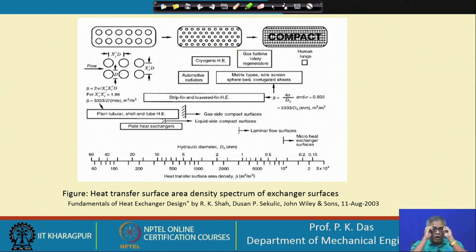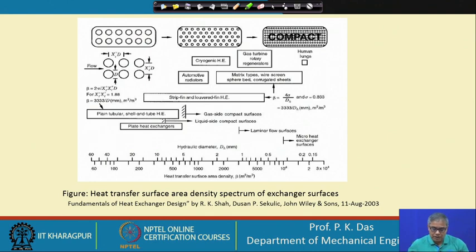Particularly, there is a lot of mass exchange through the human lung, and for that we also need a large surface area per unit volume. This is one example of how, by increasing the surface area within a small volume, you can have a very large rate of exchange.